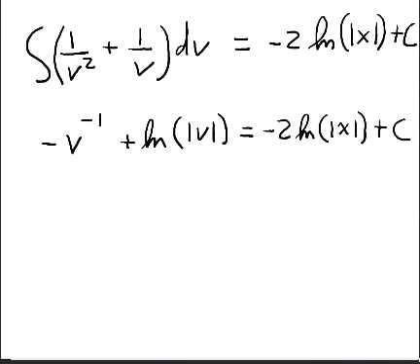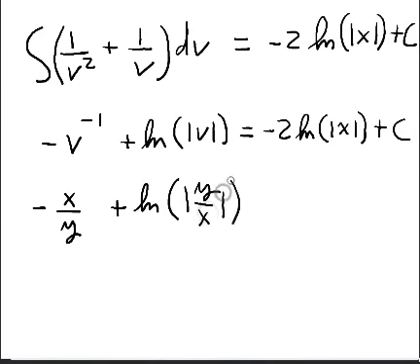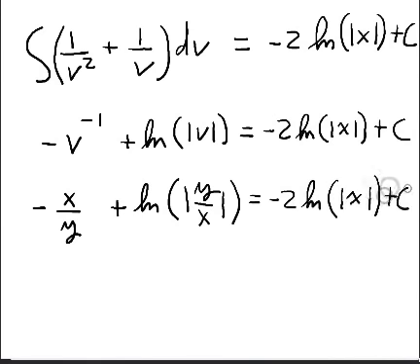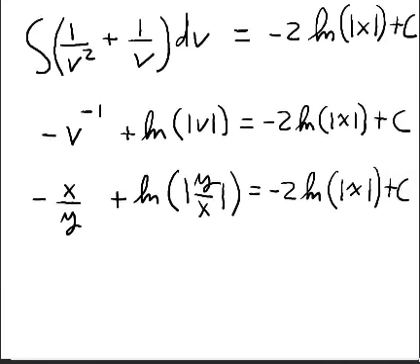So v is equal to y over x, so I get minus, now it's x over y because of the minus 1, plus the natural logarithm of the absolute value of y over x has to be equal to minus 2 times the natural logarithm of the absolute value of x plus c, some constant.